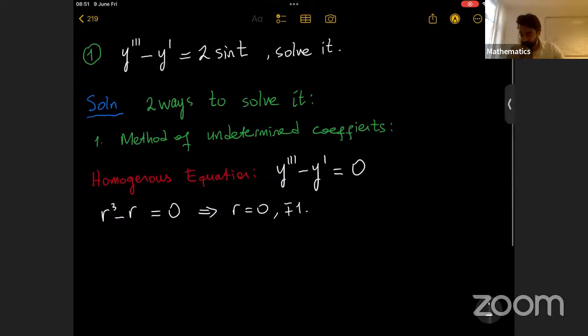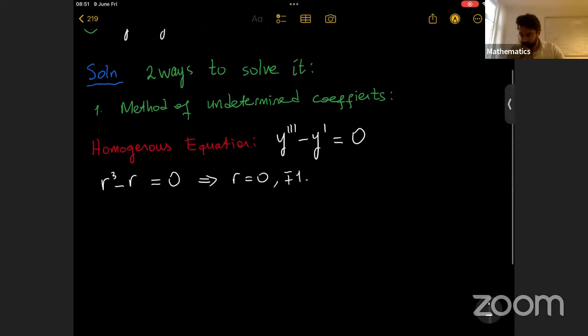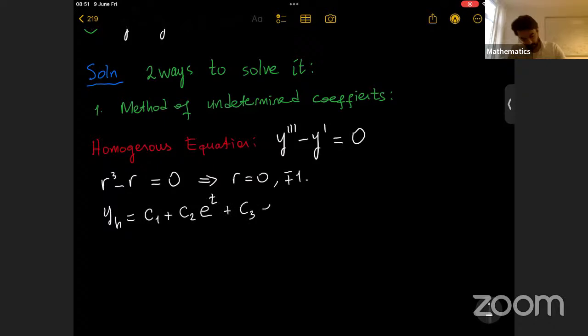And here, the homogeneous part has the solution like this. e to the 0 t, which is 1, so it's going to be c1 plus c2 e to the other root, which is 1, let's say t, plus c3 e to the minus t. So this is the solution of the homogeneous part.